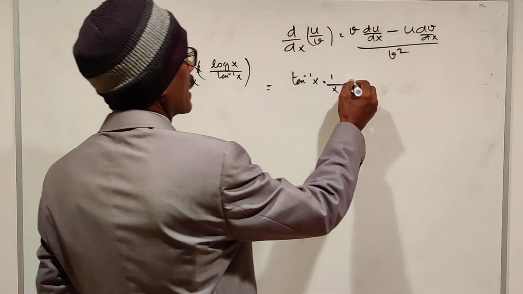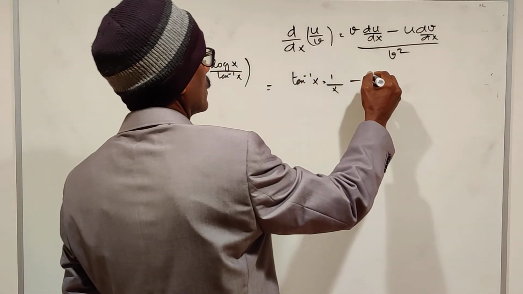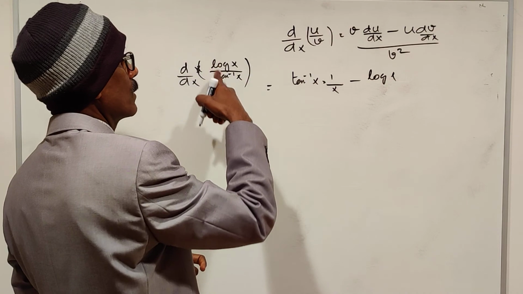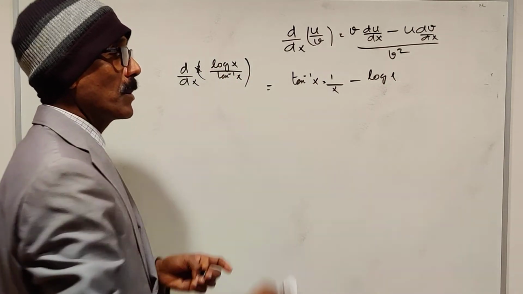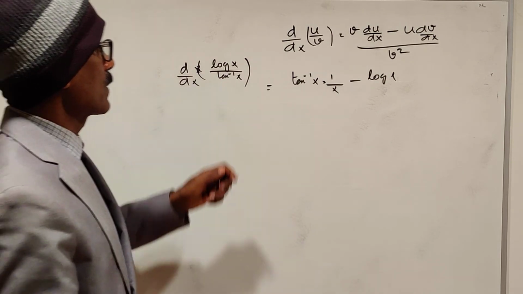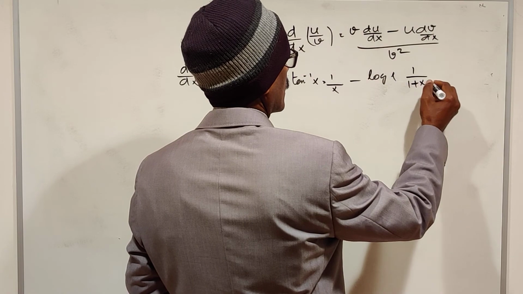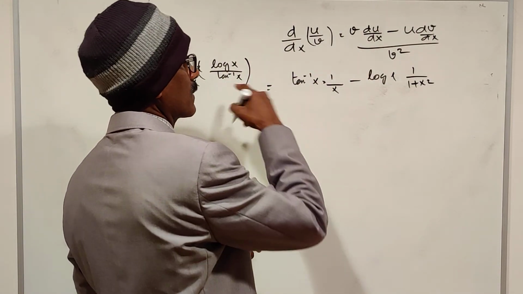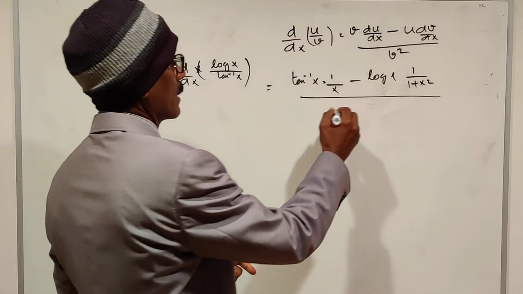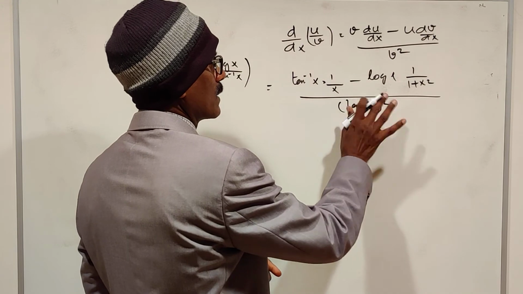Minus the numerator, just write down log x, you don't need to differentiate that, log x into derivative of the denominator. Derivative of tan inverse x is 1 by 1 plus x square. Divided by tan inverse x the whole square. Just write it down, you don't need to simplify that.